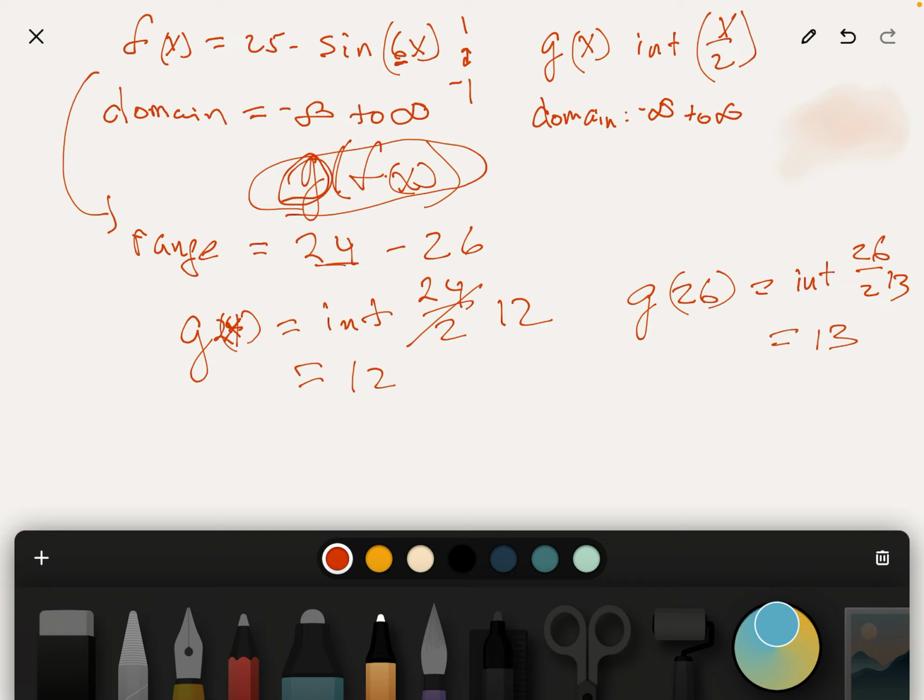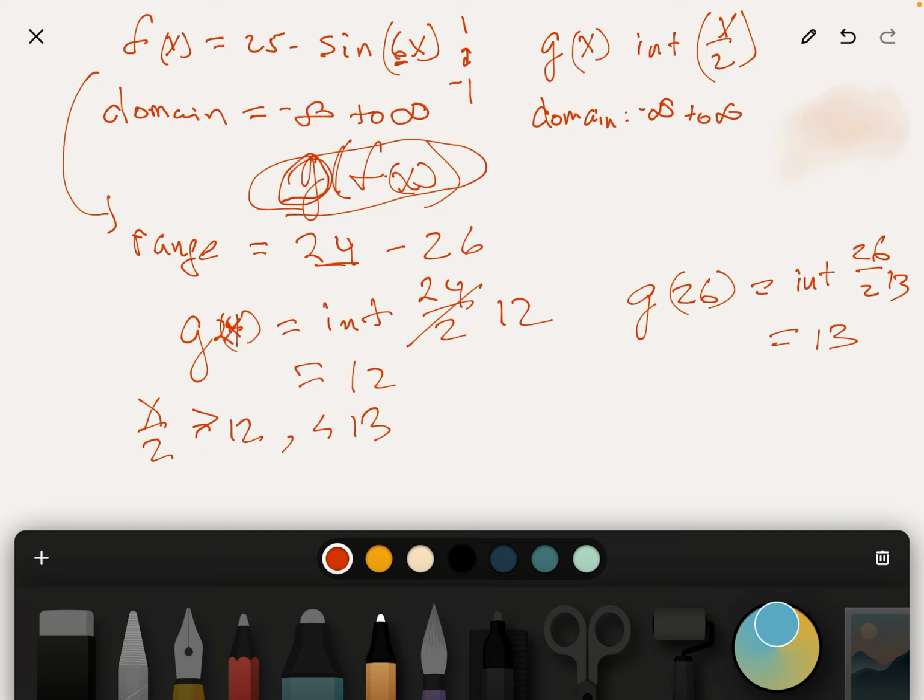So for all real numbers in between 24 and 26, x over 2 is going to always be greater than 12, but less than 13.